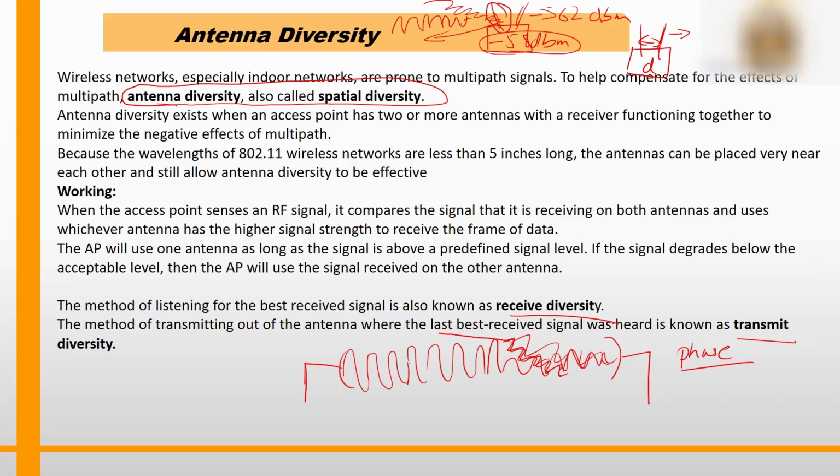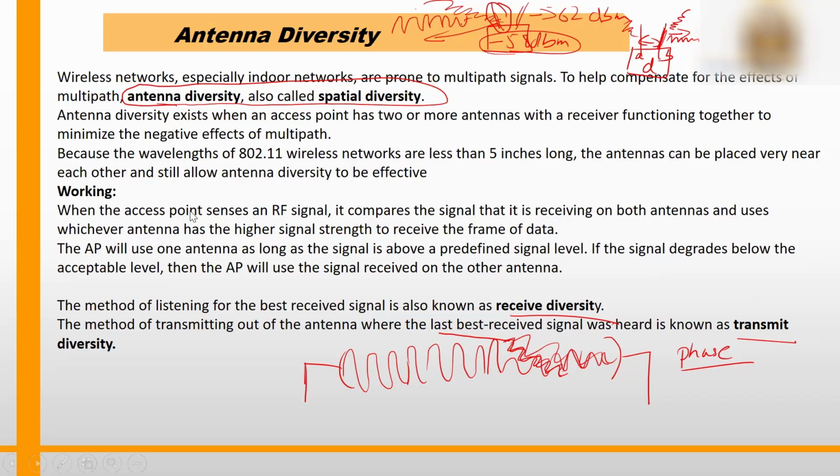So this signal will be interpreted instead of the other. While sending the signal back, antenna B will be used, because it has received the better signal. That is what transmit diversity means, and receive diversity means the signal can be received on two antennas.